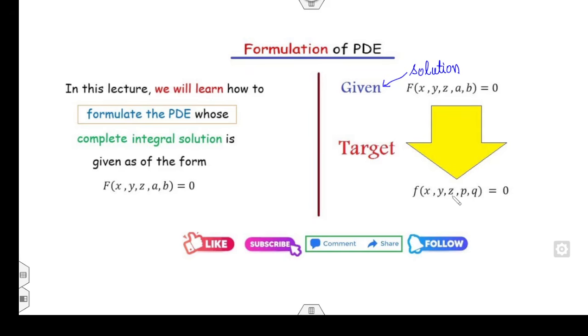And your target is to formulate the partial differential equation, and that partial differential equation may be linear or non-linear. It may be of the first order or second order or higher order, depending on the problem.